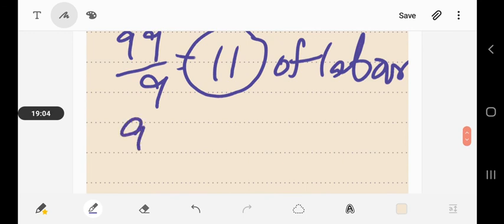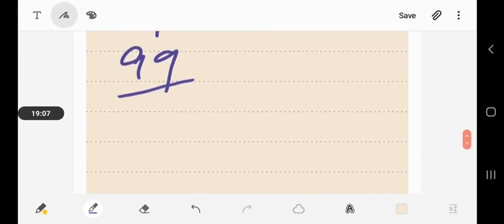Similarly, 99 divided by the cost of capital, how much is it? 6 rupees. 16.5 into 6 is 99.